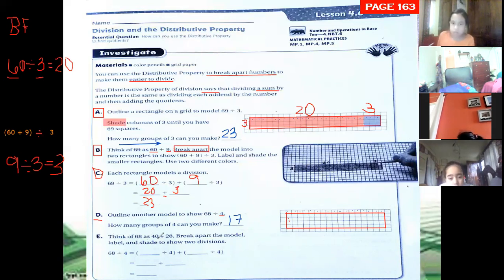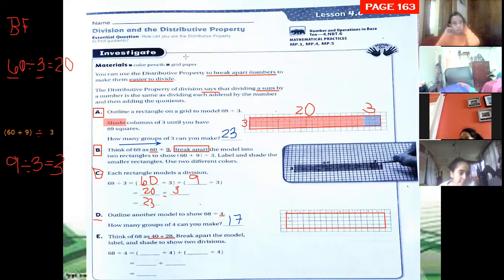Now, think of 68 as 40 plus 28, okay? The number was broken apart into 40 and 28.